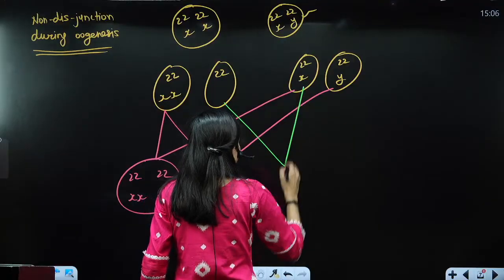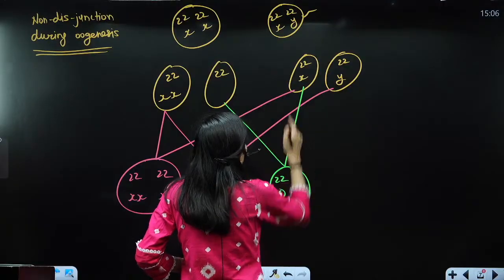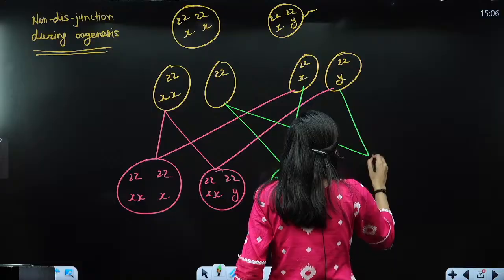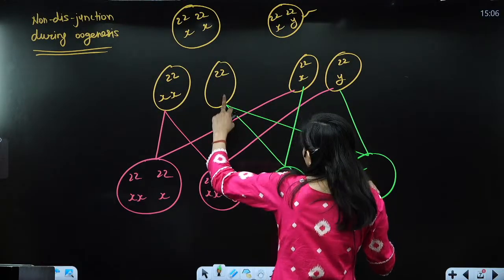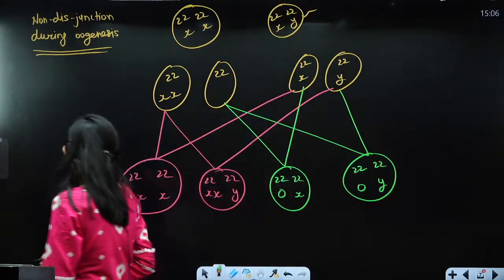Again 22, it's going to be 0 and it's 22. Then again 22, 0 and 22Y. Fine.